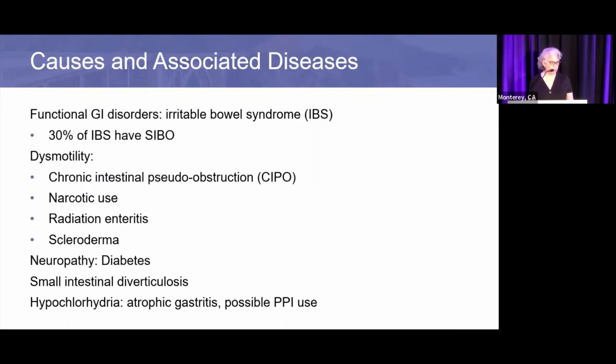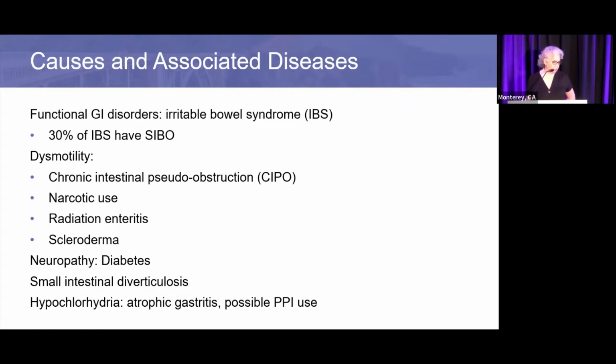Dysmotility, like chronic intestinal pseudo-obstruction, where there's barely any motility of the gut, is going to allow more bacteria to accumulate in the gut, causing more bloating, distension, and discomfort. Narcotic use, of course, slows down the gut, so we get the same issue. Radiation enteritis, where the gut is affected by radiation, also affects our propensity to get SIBO.